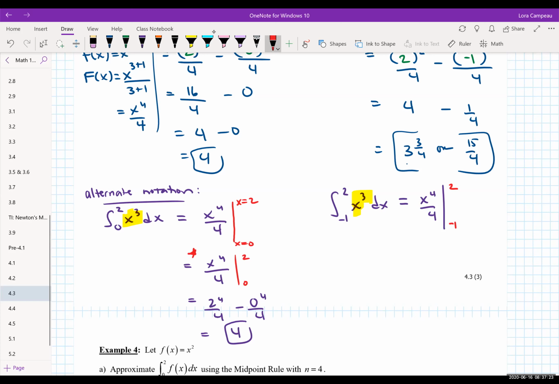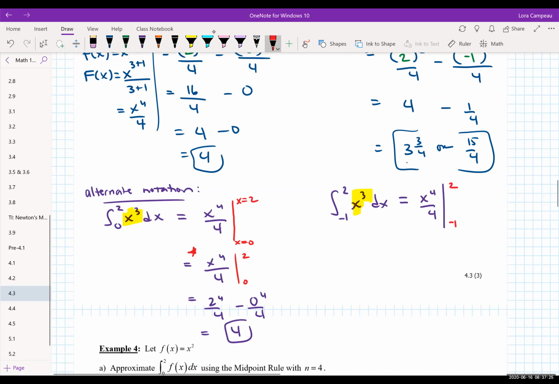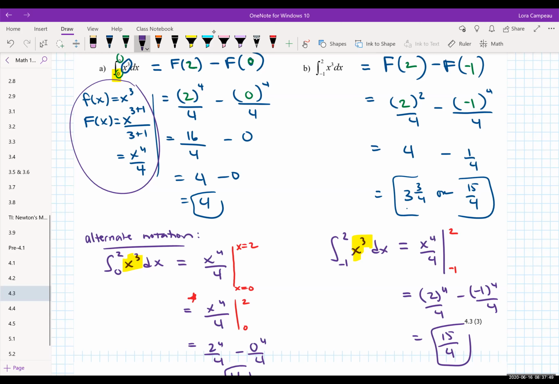And so now, without going through everything, you can see that all I do is plug in everyone, 2 to the 4th over 4 minus -1 to the 4th over 4, and we still get the same answer. Was it 15 over 4 or 3 3/4? So sometimes that helps you see it a little bit better without having to do all this extra work on the side. You can incorporate it in your problem.